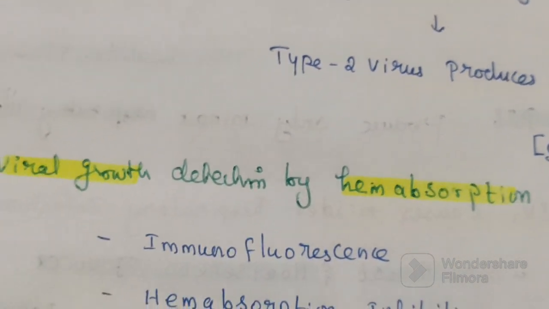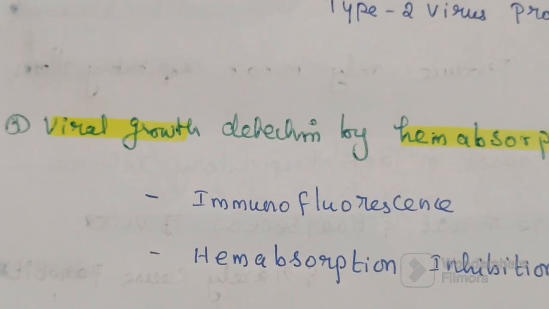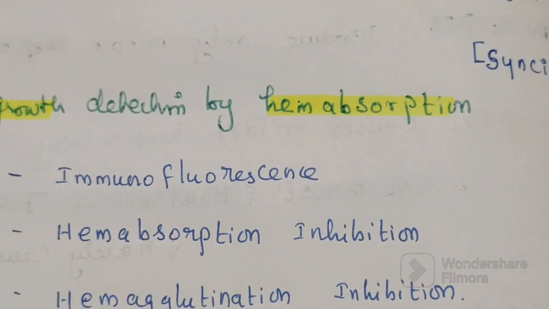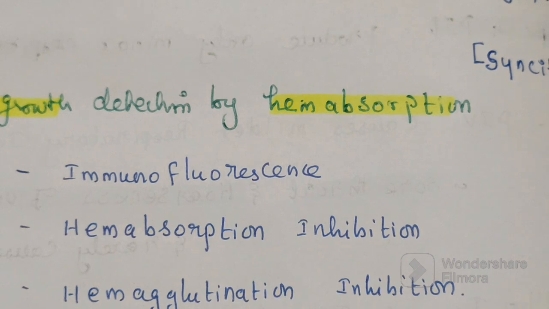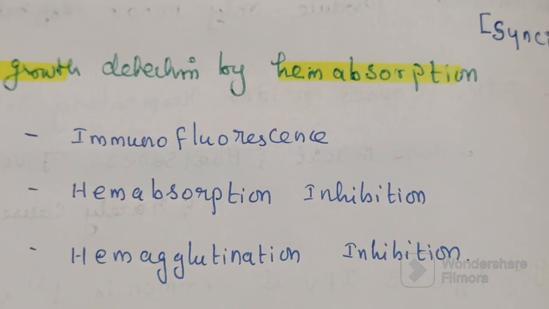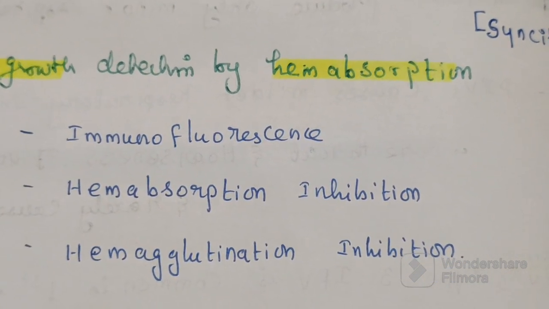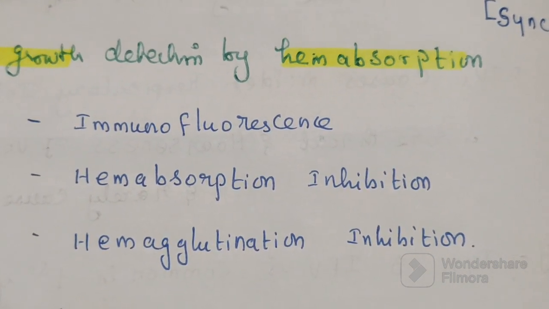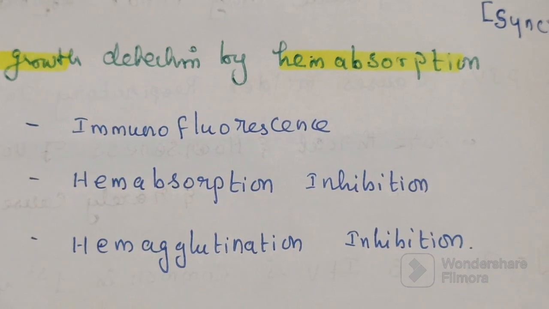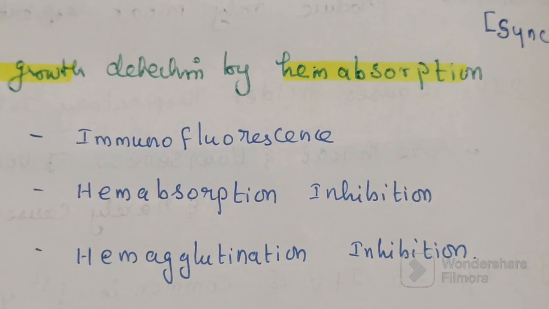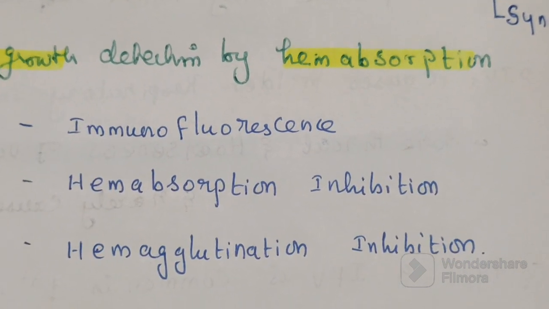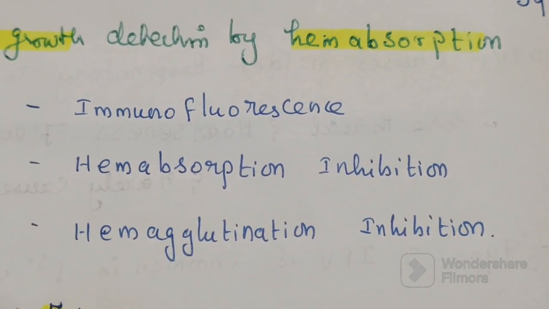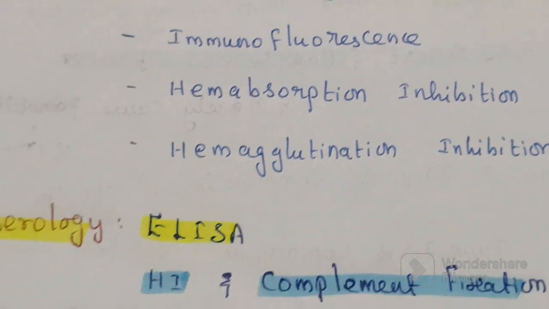Then virus growth is detected by heme absorption, and virus typing is performed by immunofluorescence, heme absorption inhibition and heme agglutination inhibition.